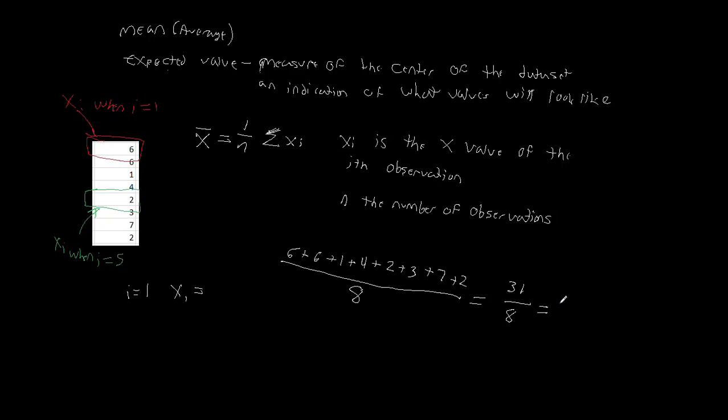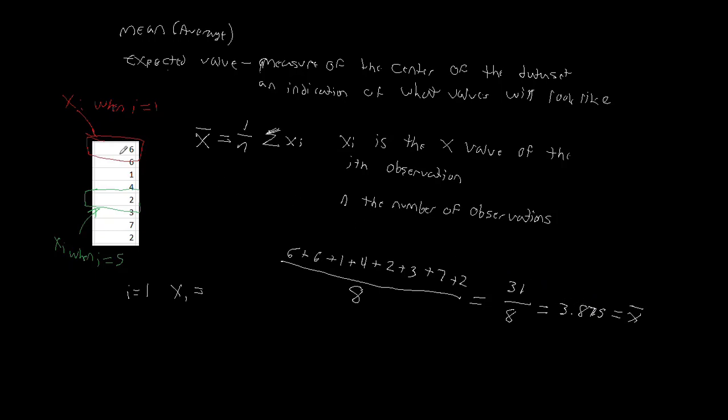And this is going to be equal to 3.875, okay? And this right here is x bar. This is the expected value or a measure of the center of the data set. It's the value that most things are going to be closest to.